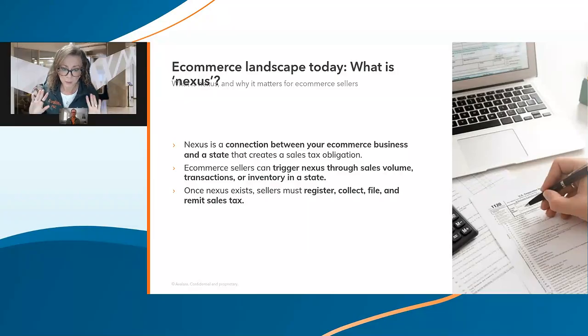Wayfair was shipping a whole bunch of product to customers in South Dakota, and South Dakota sent an assessment to Wayfair and said, you owe us tax on all of the shipments coming into our state. And Wayfair said, no, we don't. We don't have a physical presence there. That made it all the way up to the Supreme Court, and the Supreme Court ruled that there is such a thing as economic nexus.